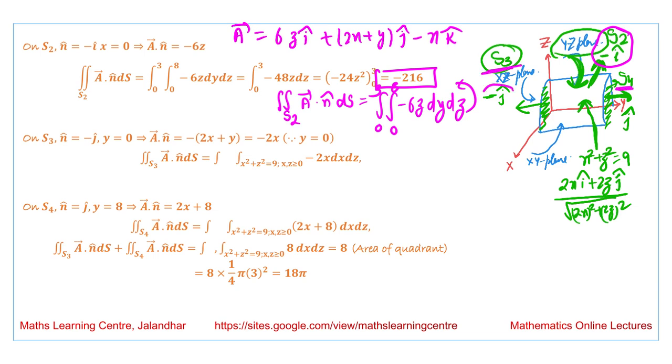Next we have the two surfaces S3 and S4. For S3 we have minus j cap, and for S4 it is j cap. The limits for both these surfaces are different. So if we write the integral for both, for surface S3 the integral becomes the double integral over S3 of A vector dot minus j cap into ds, where ds we are taking as dx dz.